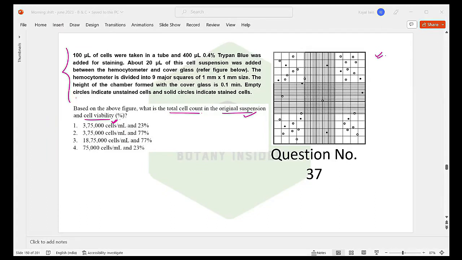Read the question, what the question is asking you, and then we'll understand the way of solving such questions. Okay, everyone read it properly now.